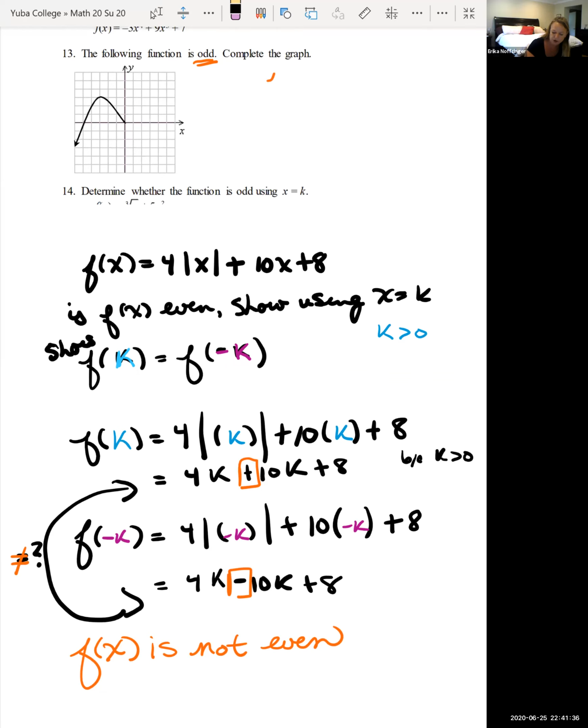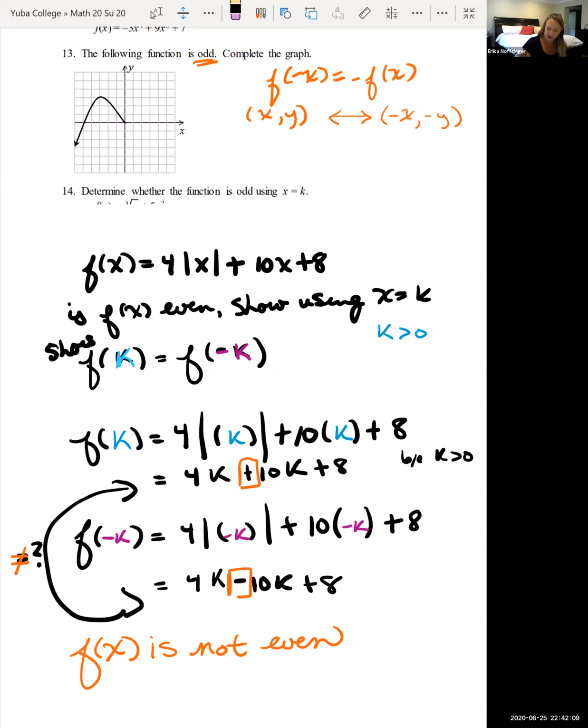That means if you plug in a negative value for your x value, it's going to change the sign on your y value. It's going to give you back negative f of x. So what that's saying is if you have some point x, y on your graph of f of x, and it's an odd function, then plugging in negative x will give you back the y value of negative y.